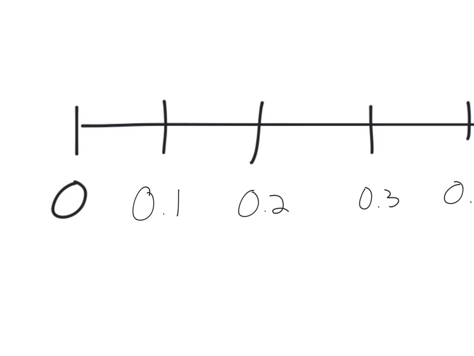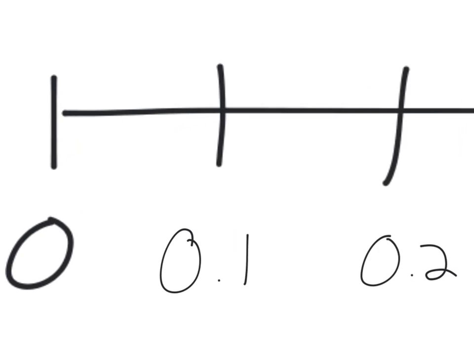So in decimal notation, it looks like this: 0.1, 0.2, 0.3, and we read these 0 and 1/10, 0 and 2/10, 0 and 3/10. And we also know that there are even smaller units. In between each of these tenths is going to be 10 more lines for hundredths. So let's zoom in right here and label them hundredths.